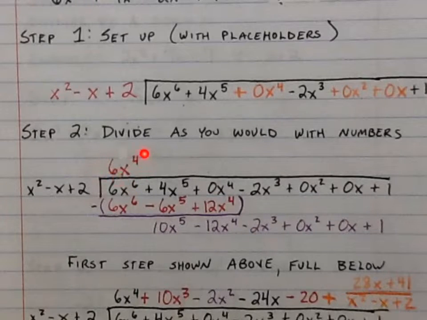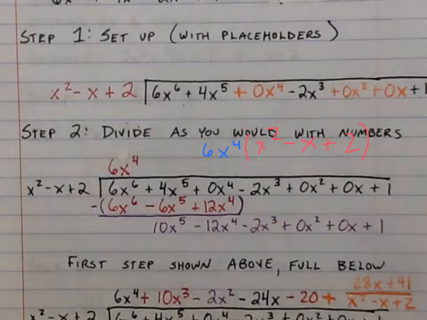Once I know that, I can write that number down, and I write it directly above. And then from there, I want to multiply 6x to the 4th times this trinomial, 6x to the 4th times x squared minus x plus 2.